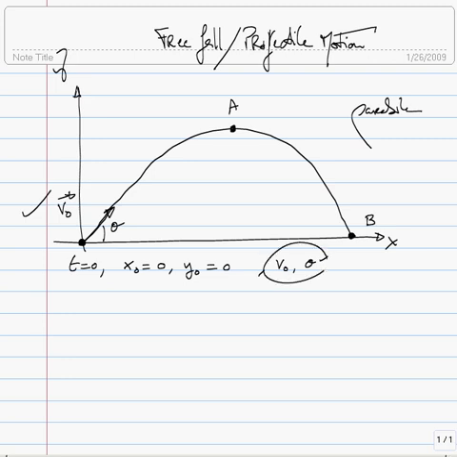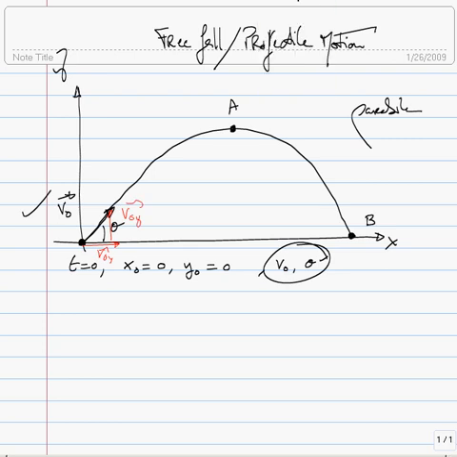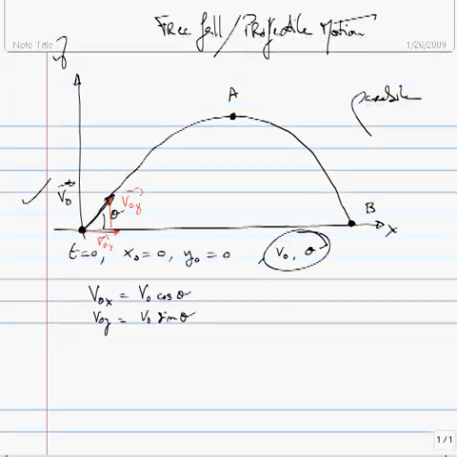As soon as I know those two, the first thing I can do is obtain the initial component of the velocity in the x direction and in the y direction, because those two are going to show up in my equations of motion. So v naught x will be v naught cosine theta, and v naught y will be v naught sine theta, which are known if theta and v naught are given to me.